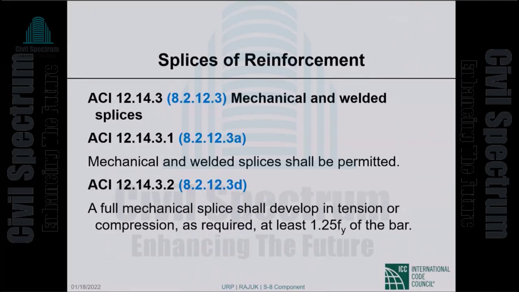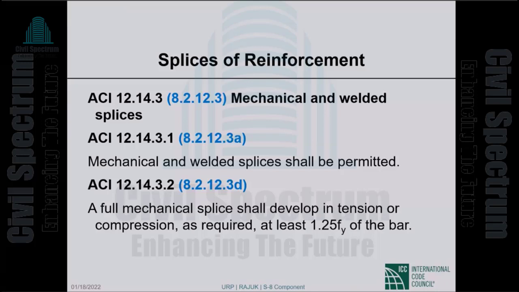Mechanical and welded splices shall be permitted, first of all. A full mechanical splice shall develop a tension or compression as required of at least 1.25 f sub y. This is important. So a so-called full mechanical splice develops 125% of the yield strength of the bar that it is splicing.